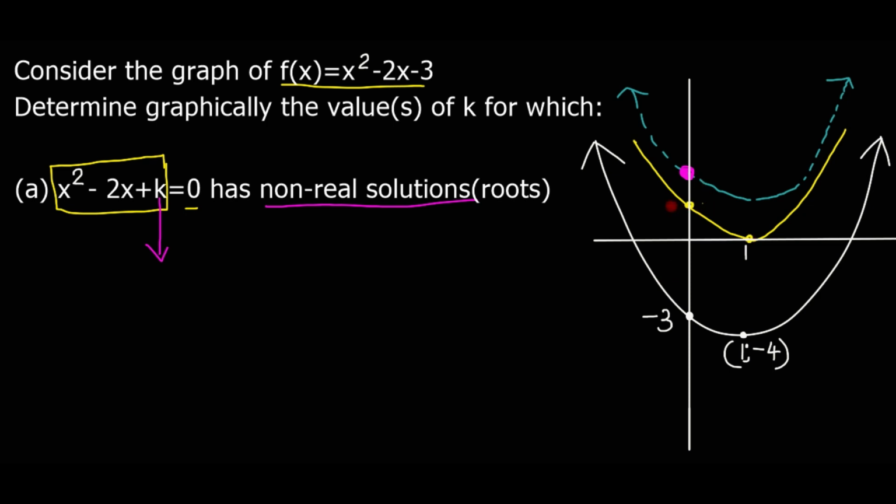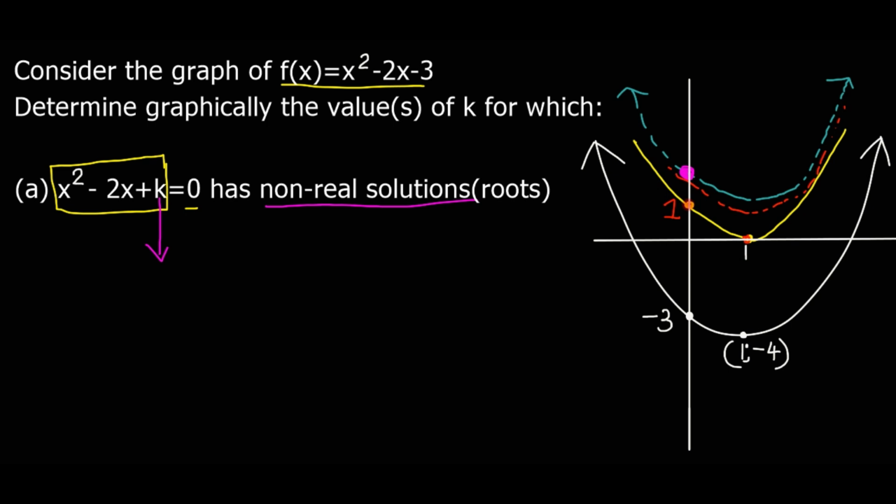So our value of k was 1. Now we want this graph to be above, we don't want it to be at one point, we don't want it at this point.